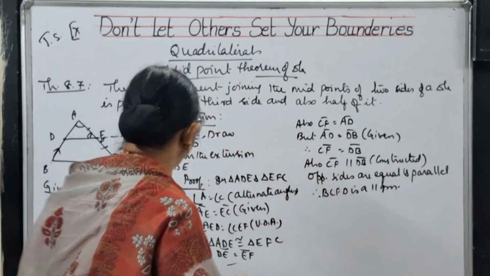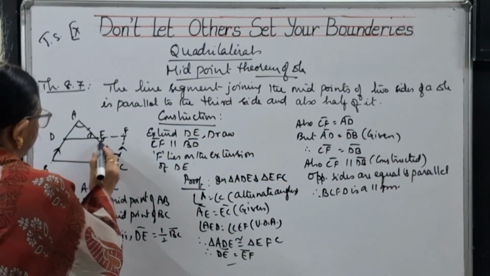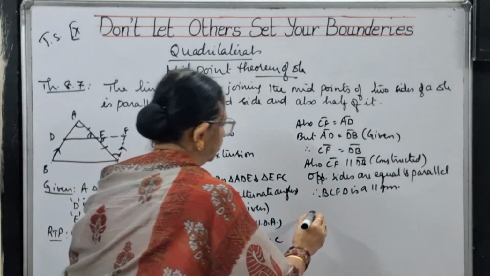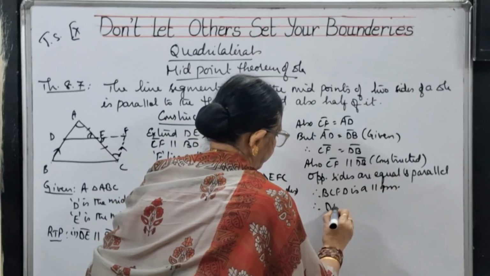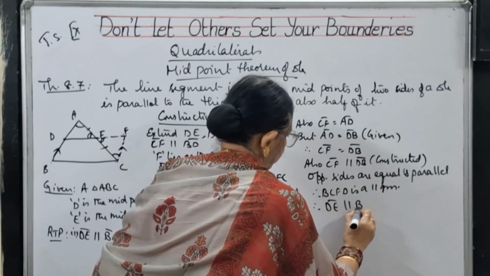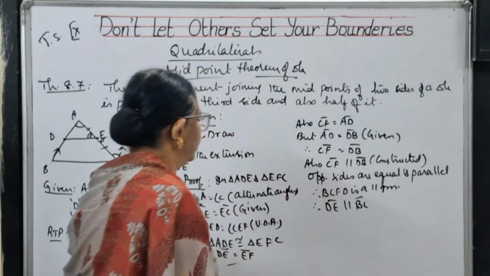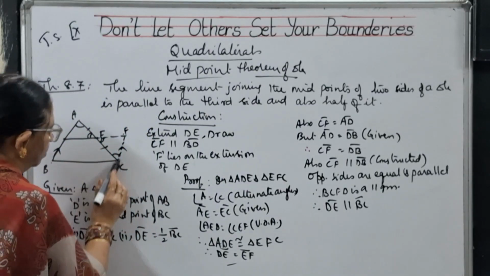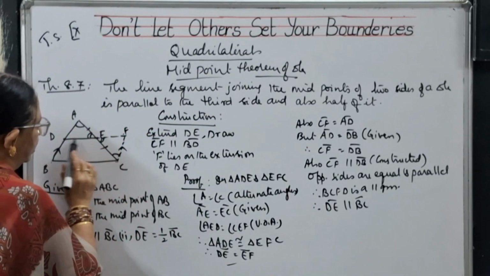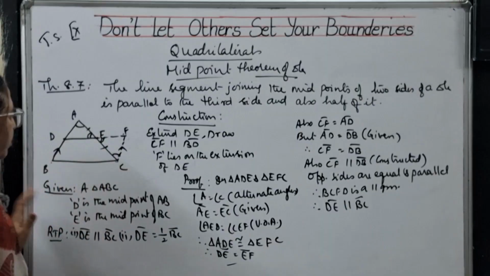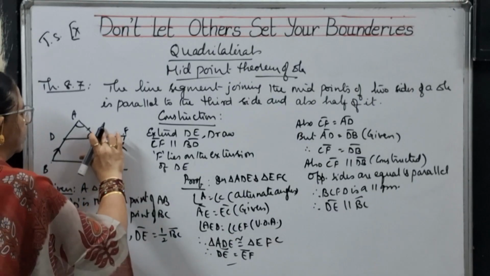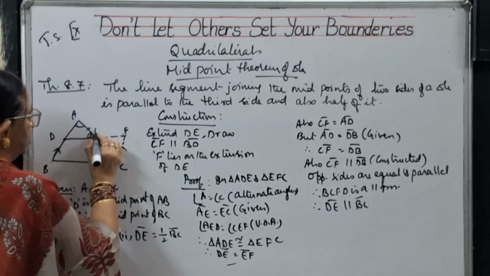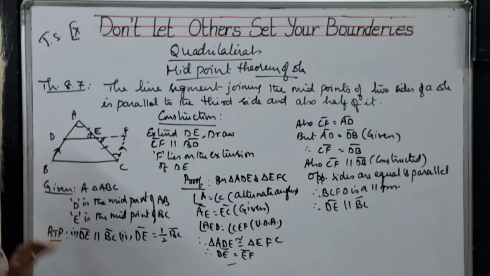If BCFD is a parallelogram, definitely DE is parallel to BC. So the first part we have proved: DE is parallel to BC.